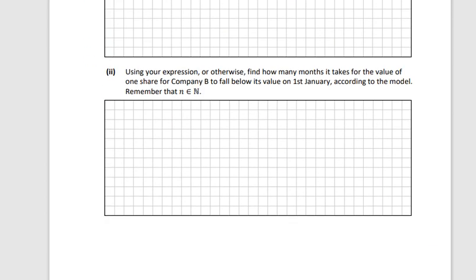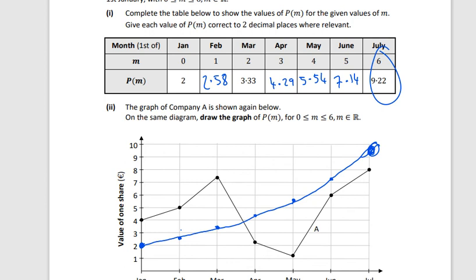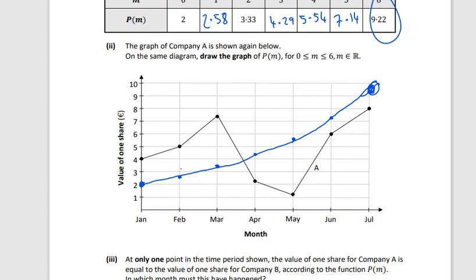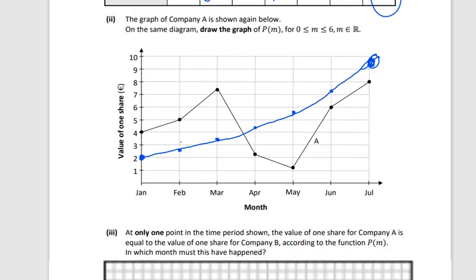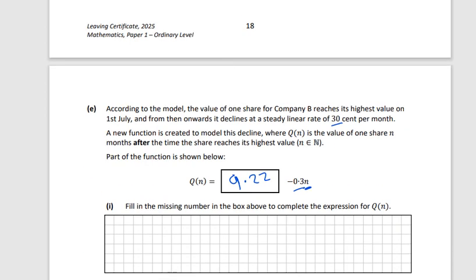Using the expression, find how many months it takes for the value to fall below its value on the 1st of January. Well, on the 1st of January, it's 2. Therefore, we're going to let it be less than 2.